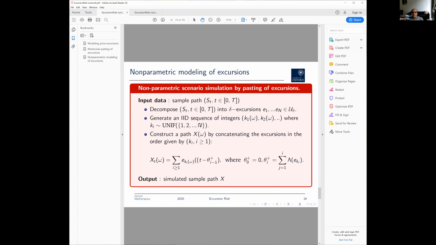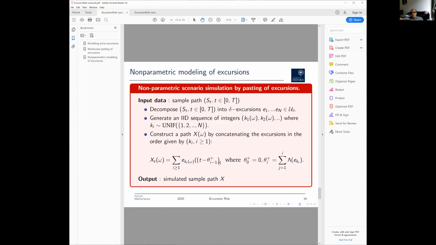For example, if you take a renewal process, or a counting process whose inter-arrival times are non-exponential, it is not Markov, but it's of this type. So the delta excursions will still be exchangeable, although they're not independent. They're not IID.